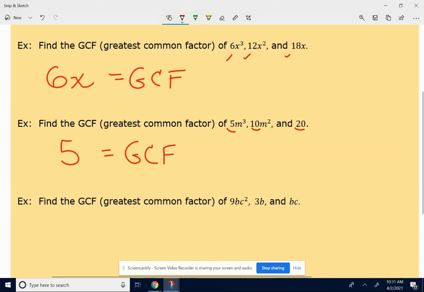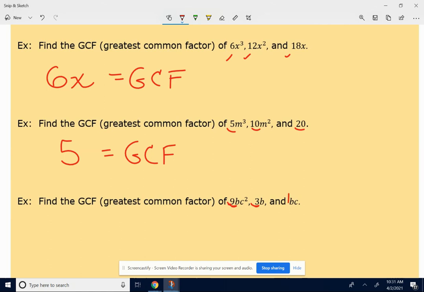One more. Find the greatest common factor of 9bc to the second and 3b and bc. First look at the numbers in front. They're called coefficients. Look at the 9 and the 3. Now, do you guys remember the understood number that's in front of a variable if you don't see it?